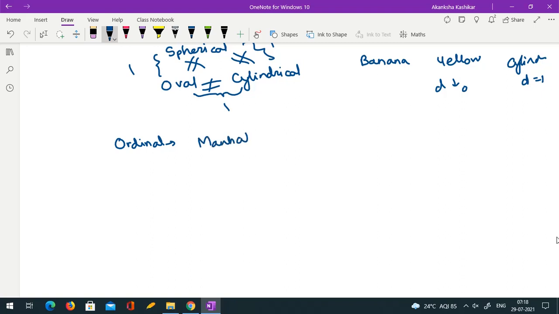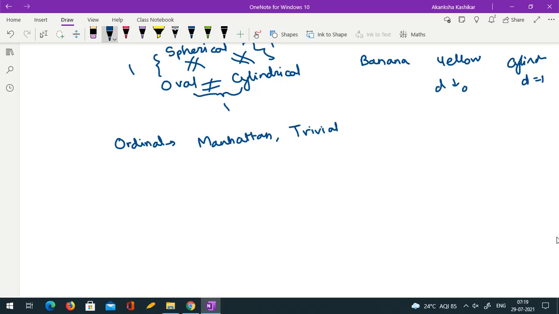So, for example, if we are trying to classify students on the basis of the grades received in a certain subject, then we can say that people who have received an A grade and people who have received, say, a B grade, because there is an order to grades, A, B, C, we can say that A and B are closer to each other than A and C. Why? Because there is an order.